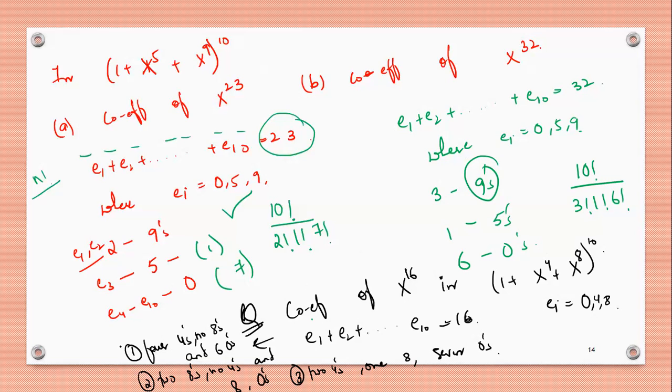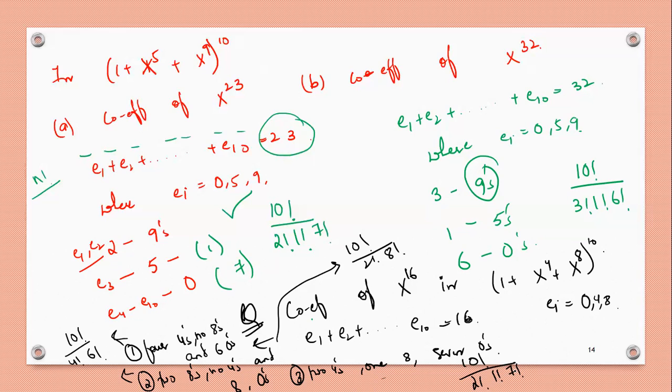So for the first case we will write 10 factorial by 4 factorial into no 8, so we are skipping it, 6 factorial. For the second case, 10 factorial by 2 factorial and no 4s, we skip it, 8 factorial. Here we will be writing 10 factorial by 2 factorial into 1 factorial into 7 factorial.